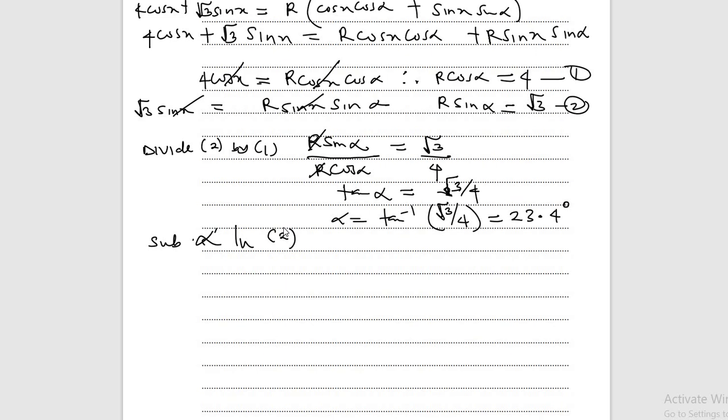Equation 2 is R sine alpha, and alpha is 23.41, which I just approximated, equal to root 3. So R should be root 3 over sine 23.41. Let's punch it in a calculator.